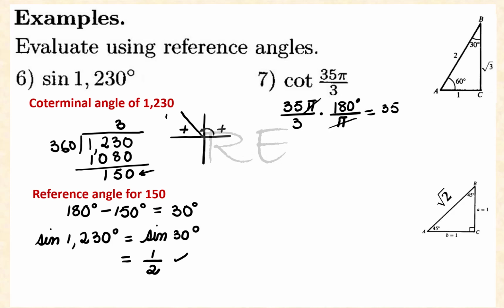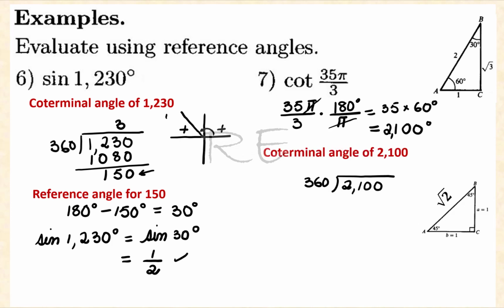So we get 35 multiplied by 60, which is 2,100 degrees.